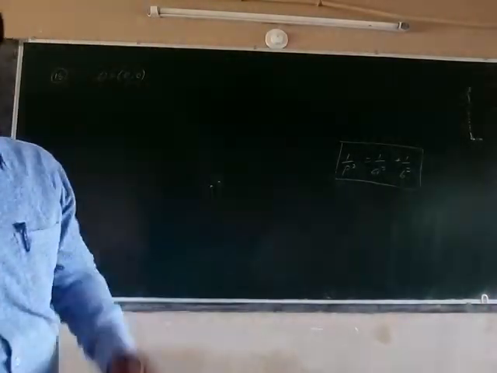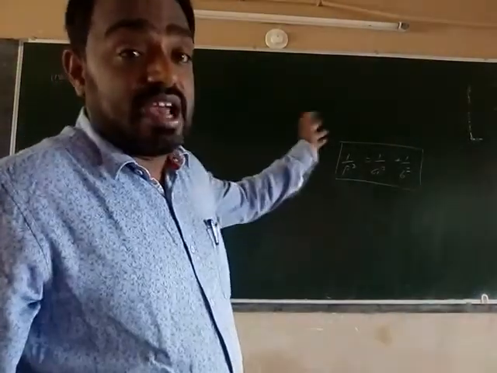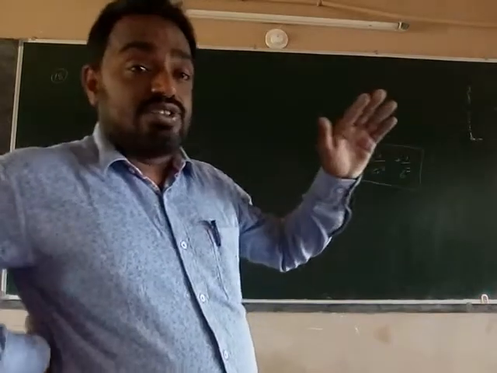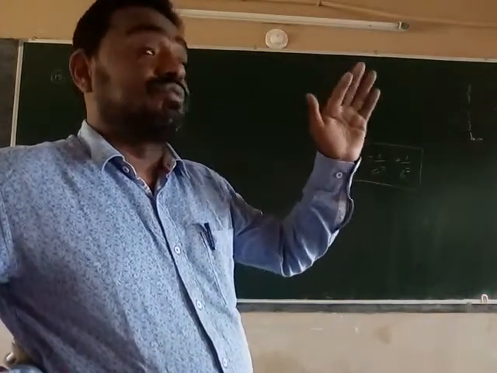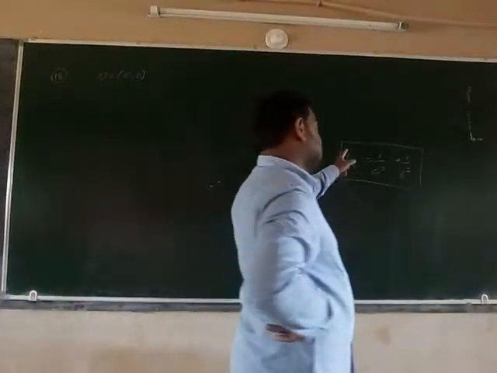See, in the 16th question, P and Q are perpendicular distances from the two lines given. Then we showed P square plus 4Q square is equal to K square. That one you remember, and this formula also you remember.